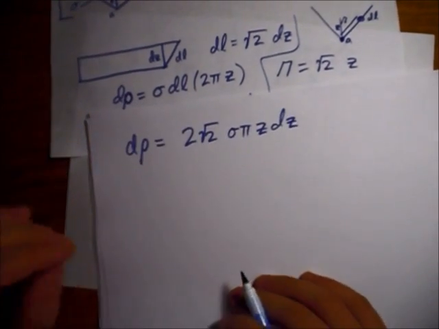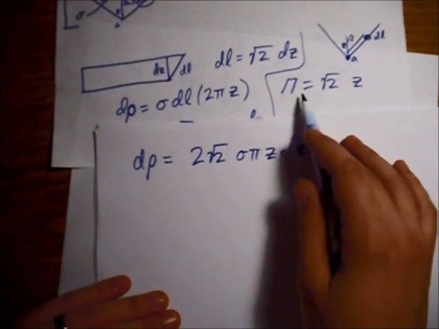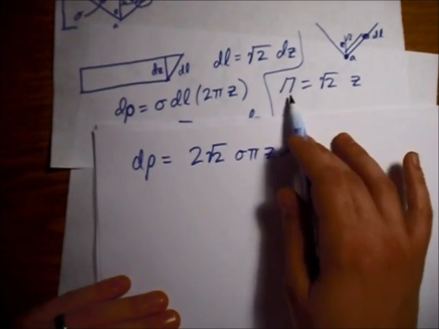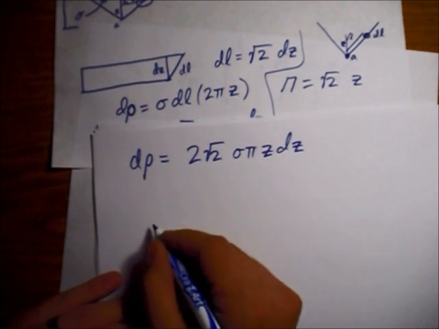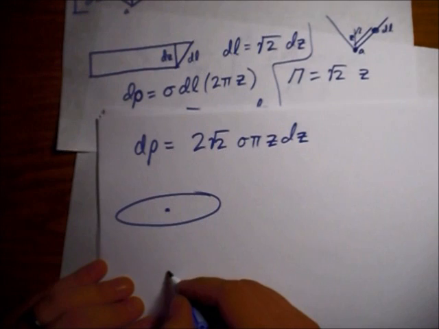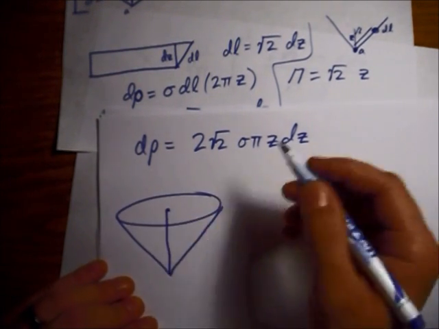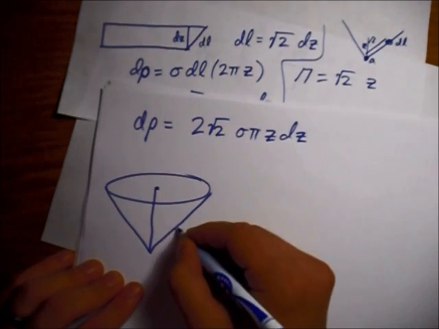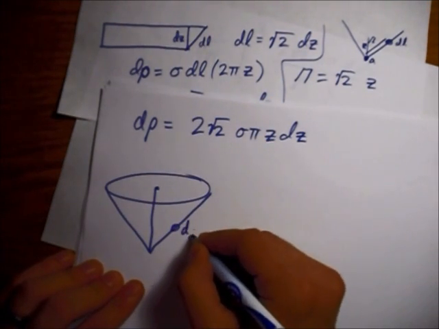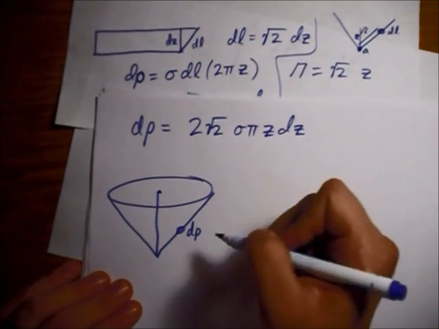Now we come to the unfortunate step of finding our cursive R for this piece. If I'm looking again at the cone, something like that, and right here is my little piece of charge that I'm focusing on.